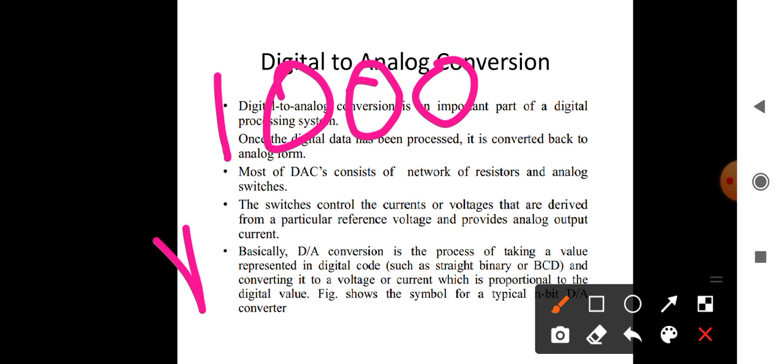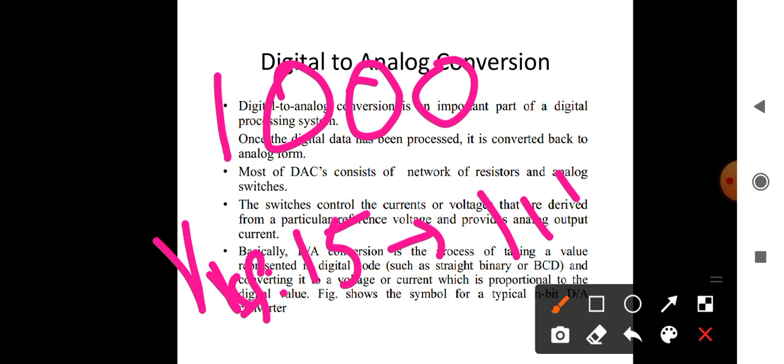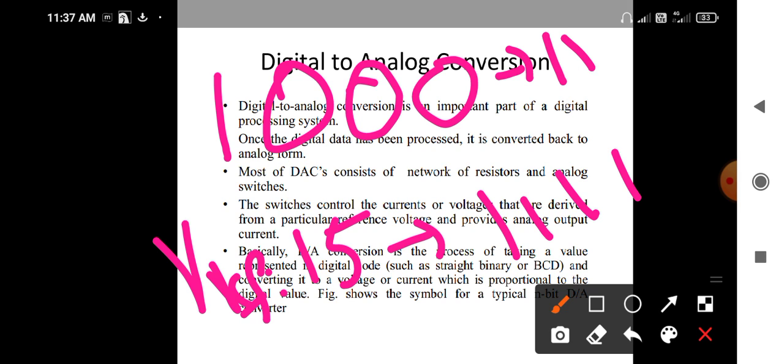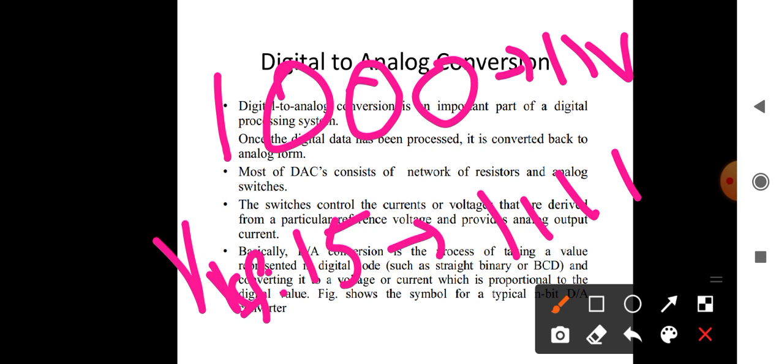Say we are taking the reference voltage as 15 volt, as for 1111 it is 15 volt. So what will be the voltage for 1000? That voltage may be around 11 volt. So that 11 volt is the equivalent voltage for 1000.